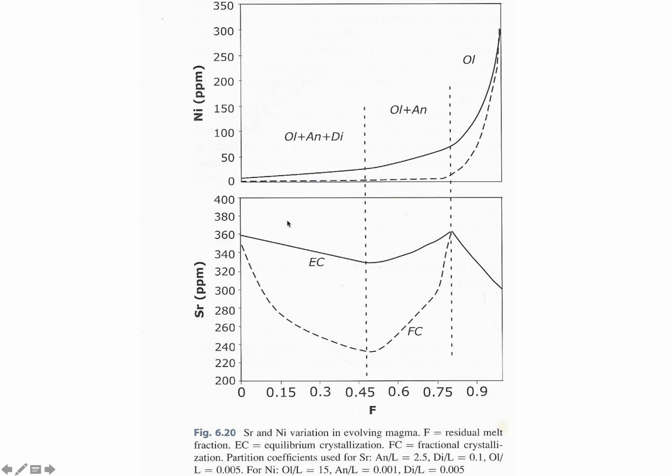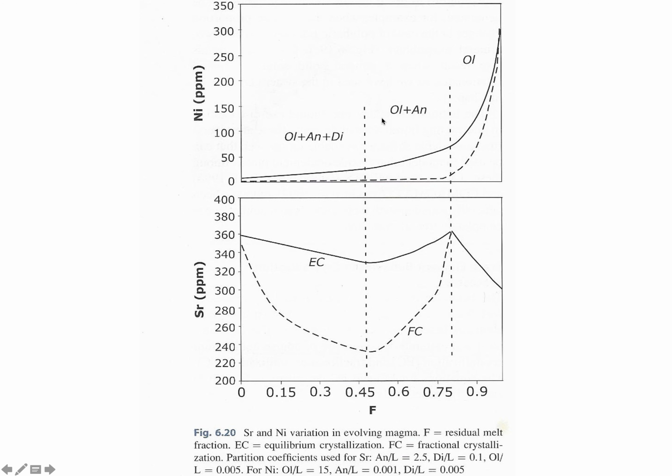Here we have the nickel, and you know nickel is a compatible element, so it is taken away very early from the melt, and nickel is enriched in the olivine. So the nickel concentration decreases dramatically where we are forming a lot of olivine.